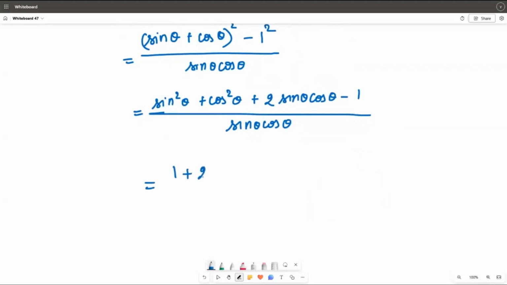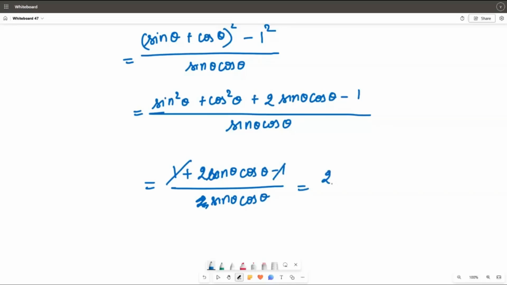So 1 plus 2 sin theta into cos theta minus 1 by sin theta into cos theta. Sorry, we don't have 2 in the denominator. This plus and minus 1 will be 0, and we have 2 sin theta cos theta by sin theta into cos theta. This sin and cos will get cancelled, and the answer we are left with is 2.